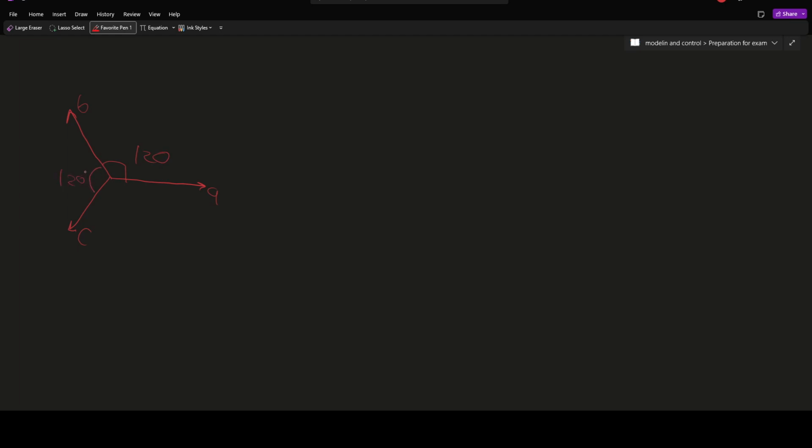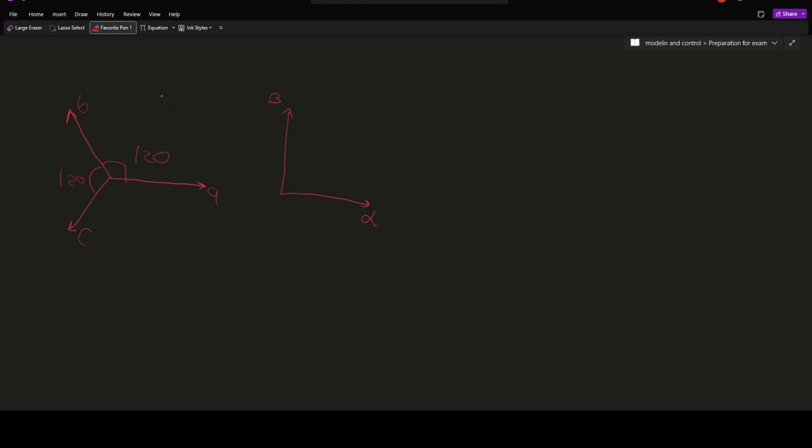Okay, so what the Clarke transformation does is move this three phasor reference frame into a two phasor reference frame. So we have here the alpha axis and the beta axis.